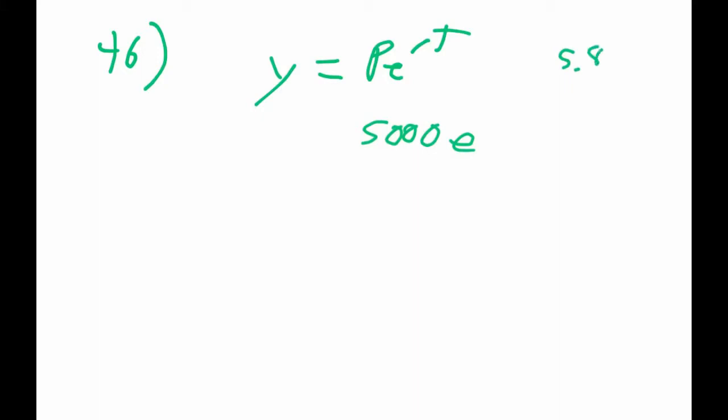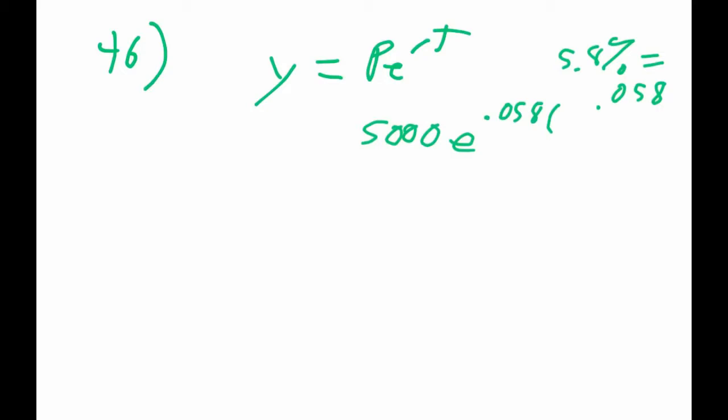Number 46 has us doing something continuously, which means we have y equals P e to the rt. Anytime something's compounded continuously, we always use the one that has the e. So we've got $5,000. 5.8% is 0.058, because you can either divide that by 100 or simply move the decimal place over twice.